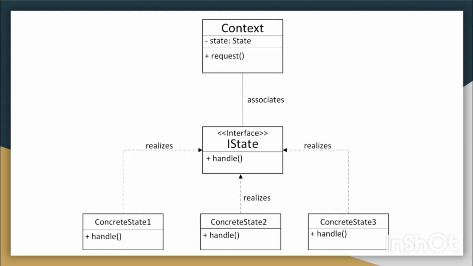The concrete states override the handle function in the state interface. In terms of relationships, there is a realization relationship between the interface and all those concrete states. It is not a new thing; we could see that in other patterns too. And also, of course, an association between the context and the interface.